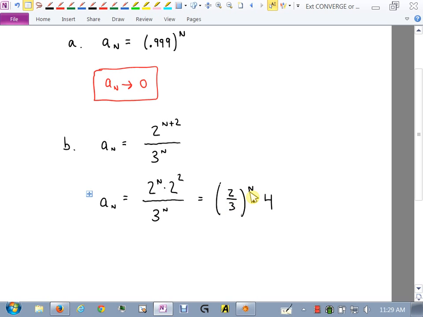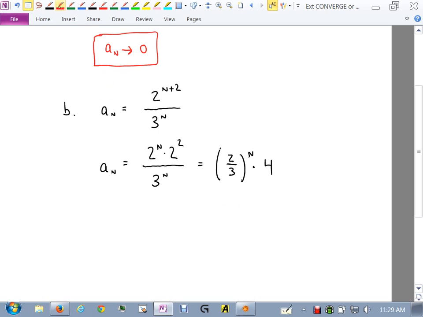It goes to 0, doesn't it? We just said that a number smaller than 1, if you raise it to bigger and bigger powers, gets smaller. So this is going to go to 0. 0 times 4? It's going to go to 0. So our conclusion here is that this a sub n also goes to 0. That's all based on the fact that this number right here is less than 1, right? Make sense?